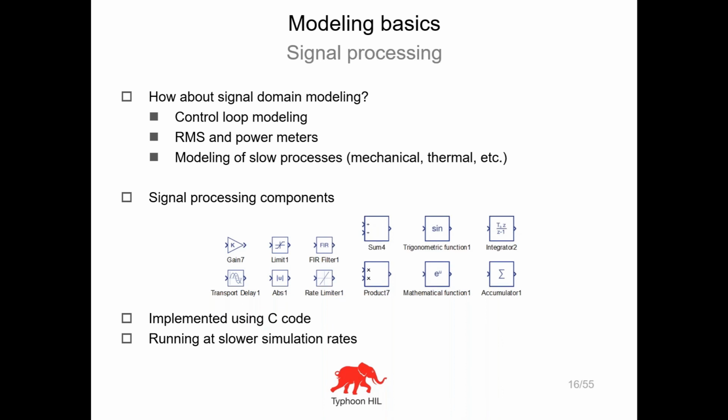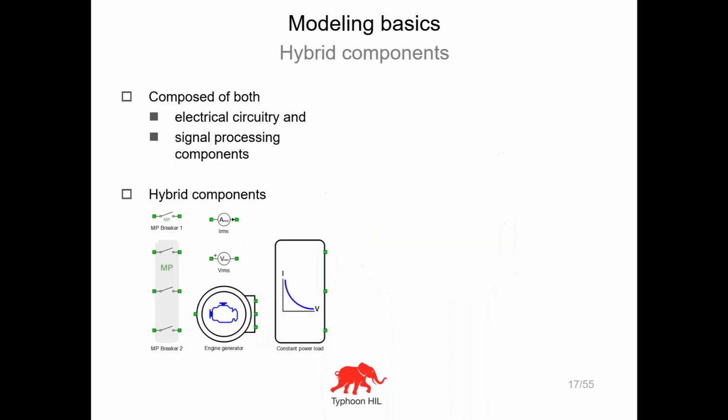You can easily distinguish them from the electrical components by their blue color. They are implemented using C code and are typically run at higher simulation time steps compared to the electrical components.